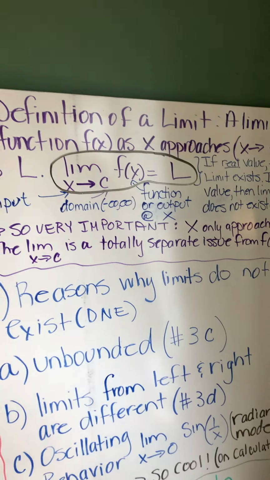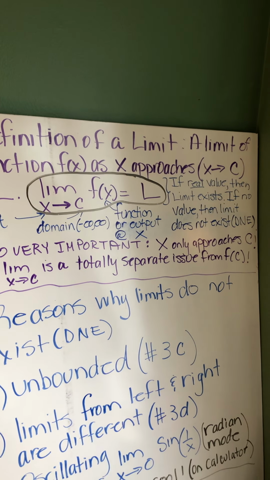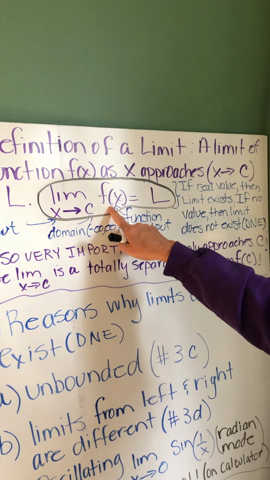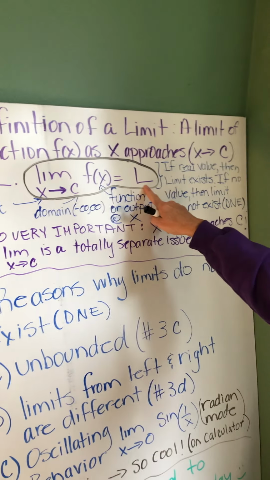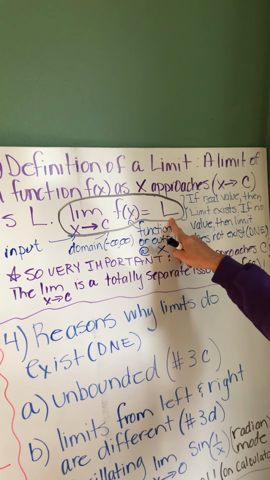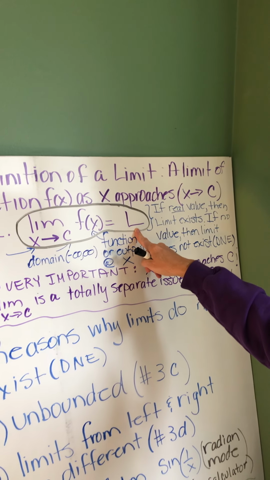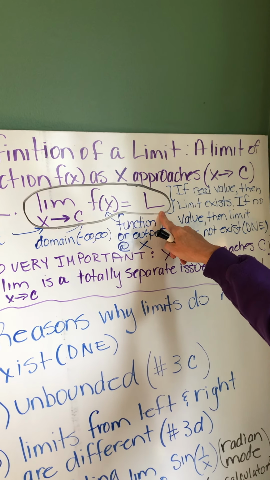So, in other words, if you are approaching x towards some actual value of x, and the y value or the function itself also heads towards a real value, then we do say that the limit has a value, and that value exists.